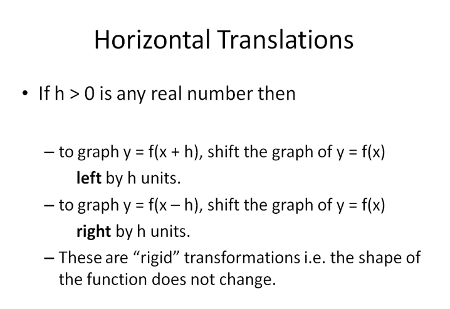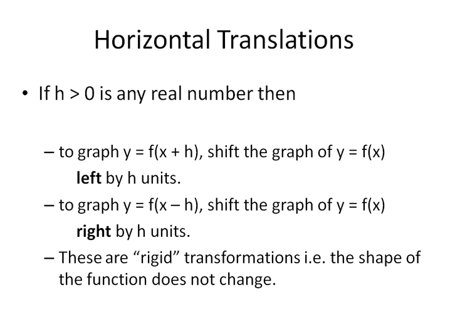If h is greater than 0, then to graph y equals f of x plus h, shift the graph of y equals f of x left by h units. To graph y equals f of x minus h, shift the graph of y equals f of x right by h units. These are rigid transformations.